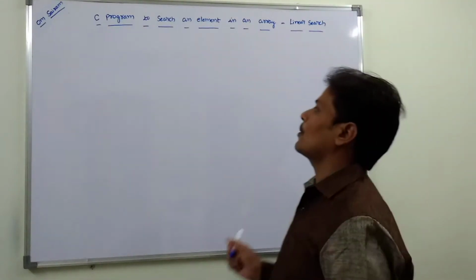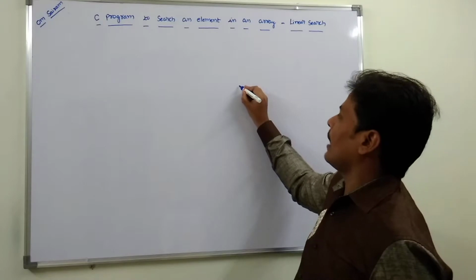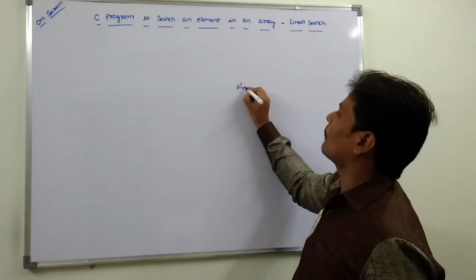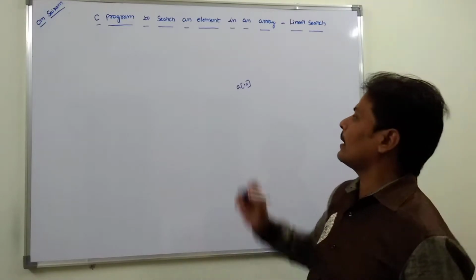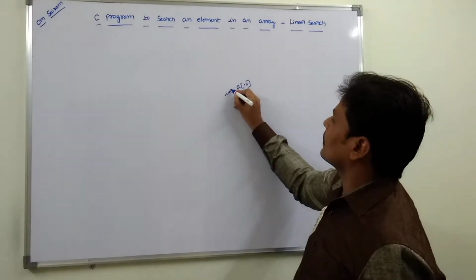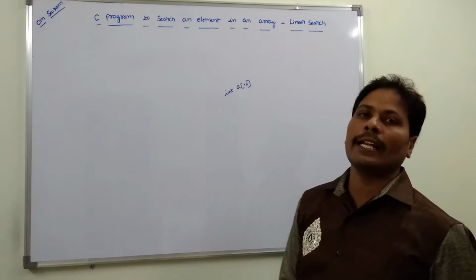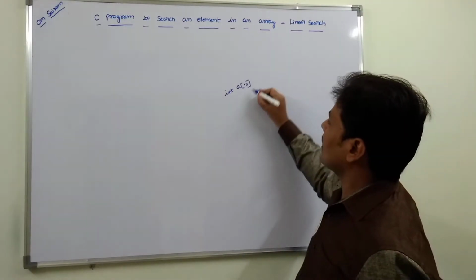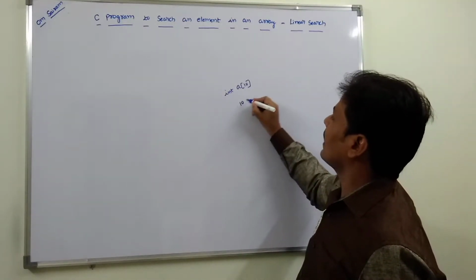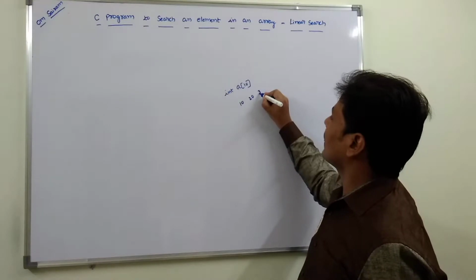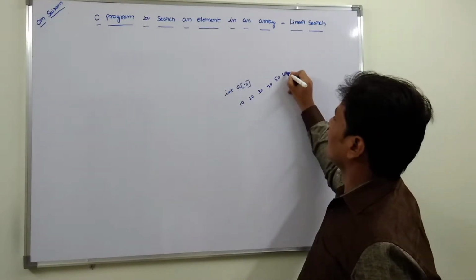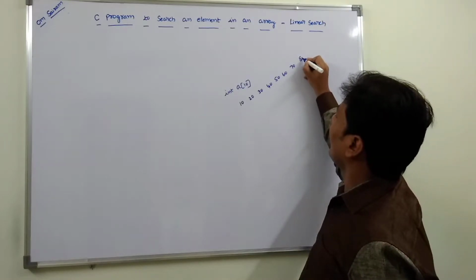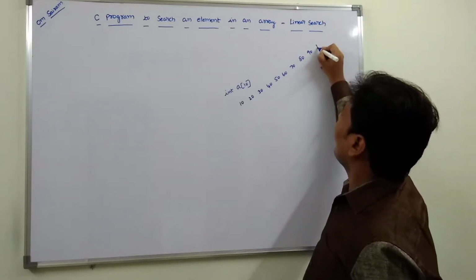Suppose we take an array A of 10 elements. So there are 10 elements in the array, and that is an integer array. This array contains 10, 20, 30, 40, 50, 60, 70, 80, 90, 100.